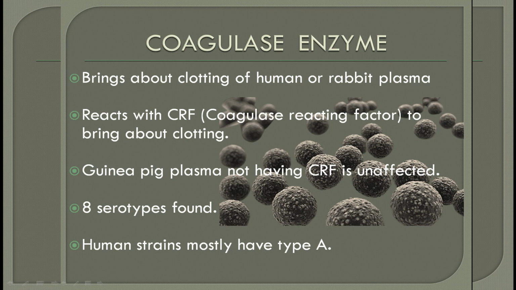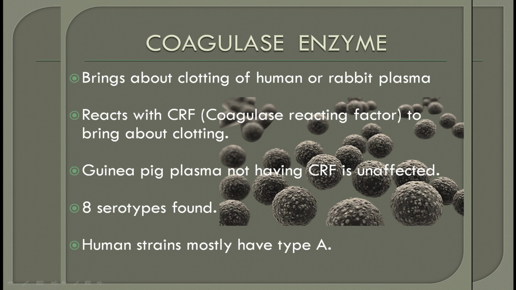Those bacteria secrete coagulase enzyme, leading to the clotting of the area. How that happens, we'll talk about in the next slide, but this is just a general overview of the coagulase enzyme.